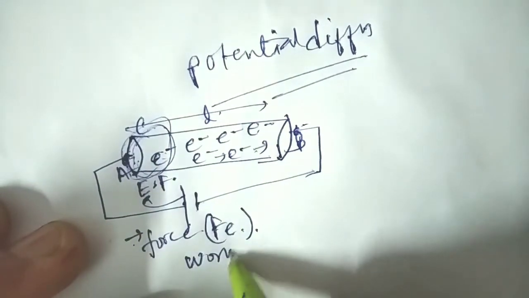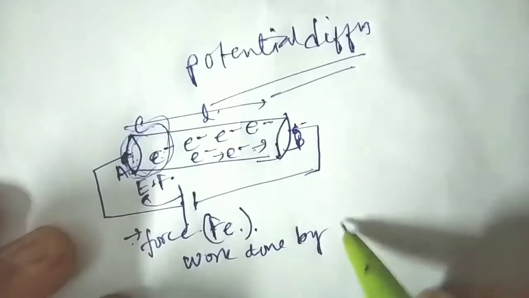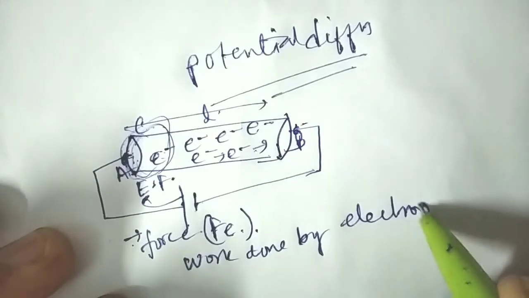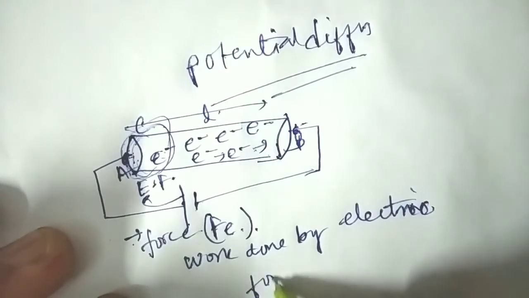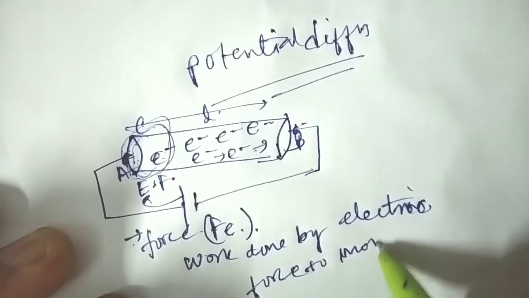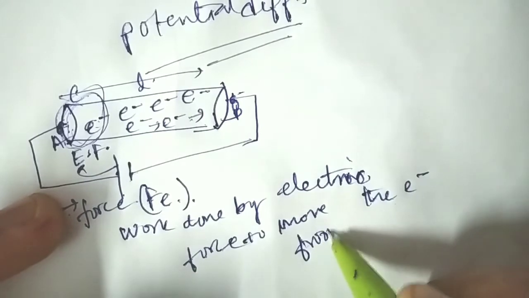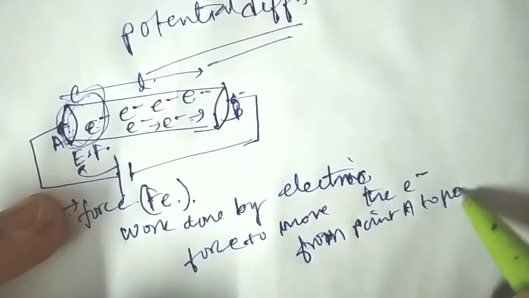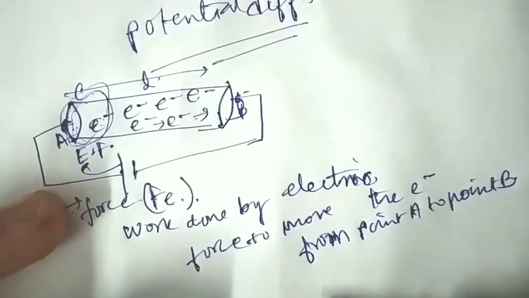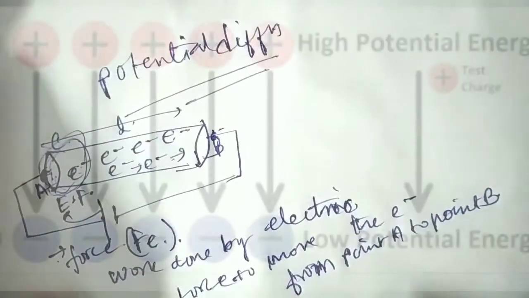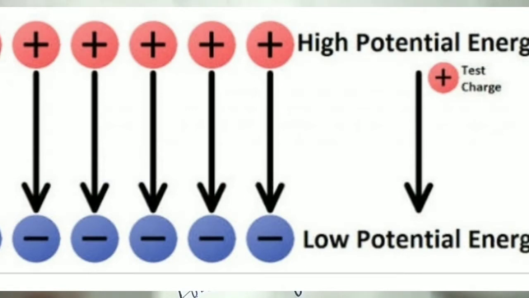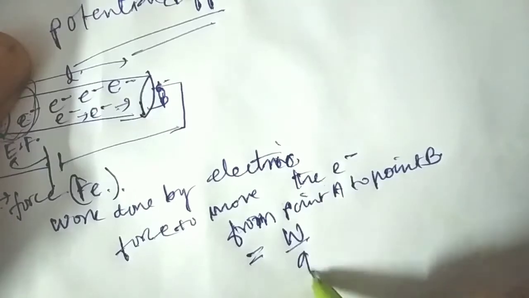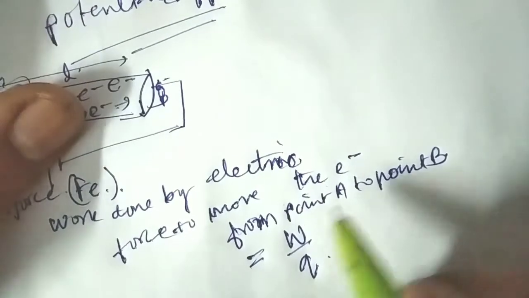Okay, so that means the work done by the electric force to move the electrons from point A to point B, right? So the work done to move the electrons from point A to point B is given as W by Q. Right?